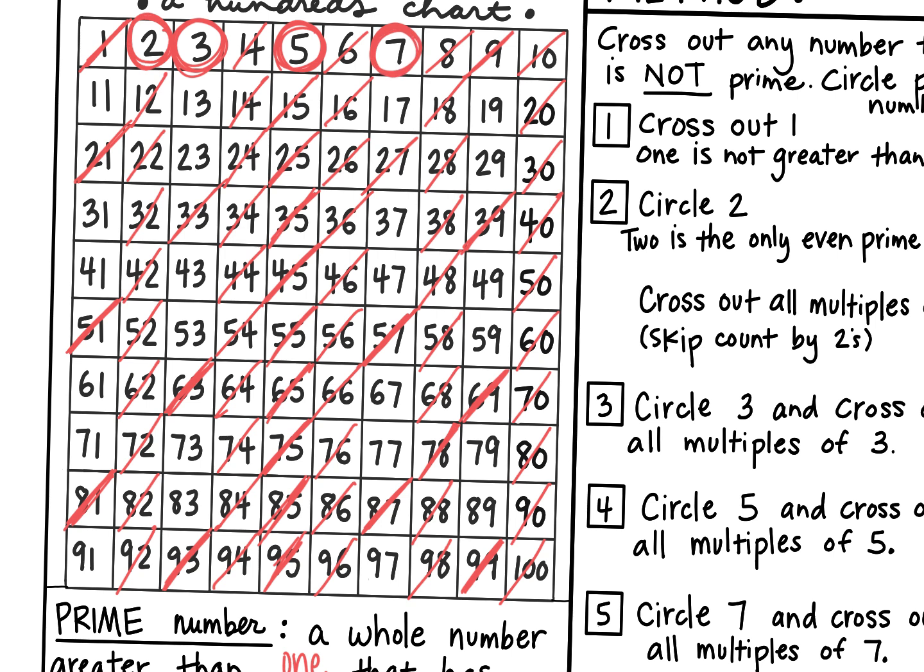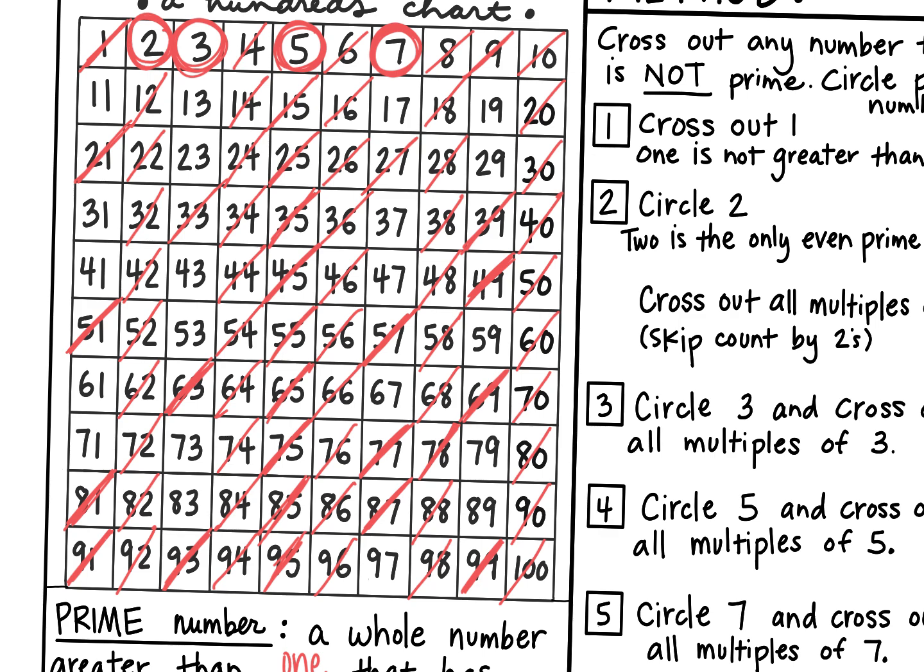So 7, 14, 21's already out, 28's already out, 35's already out, 42's already out, 56 is already out, 49 is not marked out, so mark out 49. 63 is marked out, 70 is marked out, 77, cross that one out. 84 is already marked out, and then the next one would be 91 we need to mark out. And 98 is already marked out.